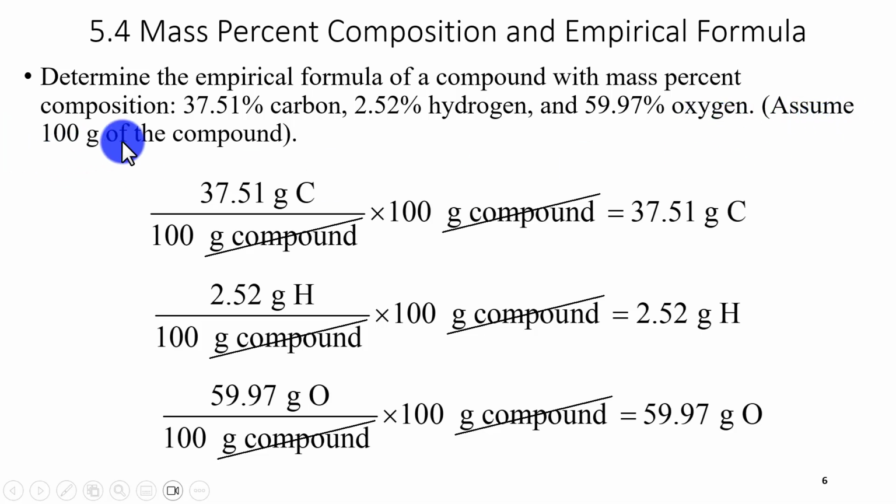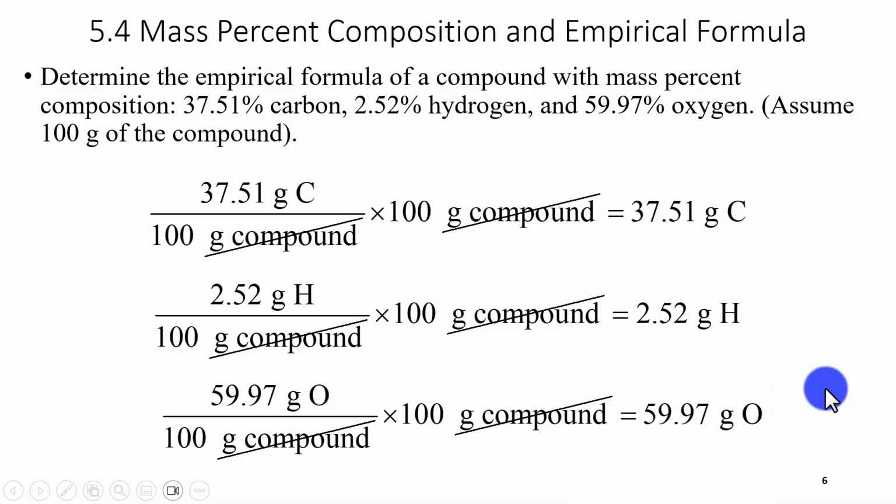Once again, assume that you have 100 grams of a compound. Okay, so if I follow the example that I just did, 37.51 grams divided by 100 times 100 gives me 37.5 grams of carbon. If I do the same for the other two, I get 2.52 grams of hydrogen, 59.97 grams of oxygen.